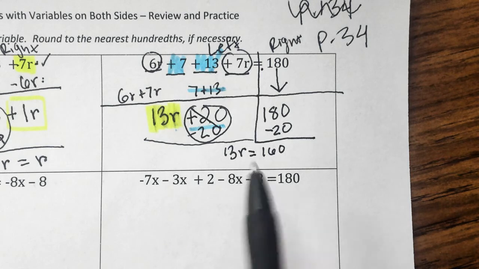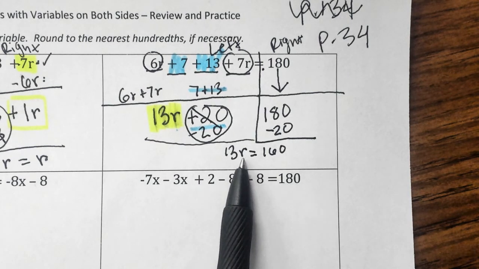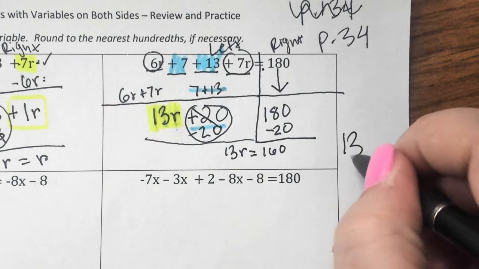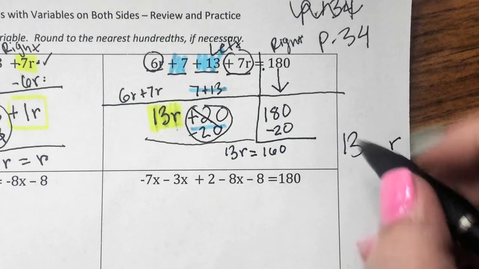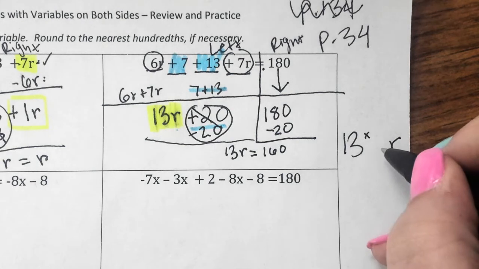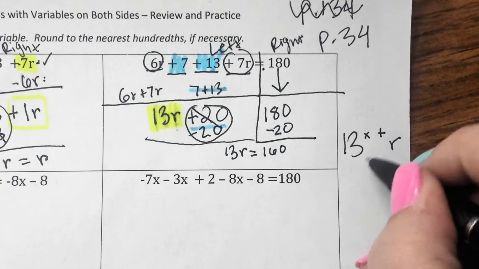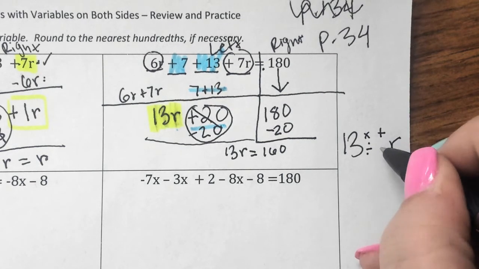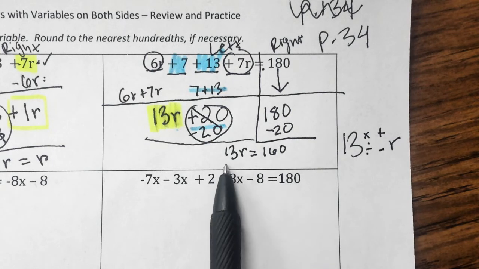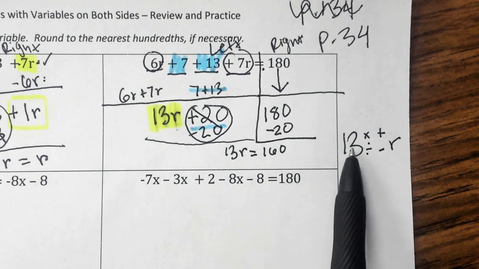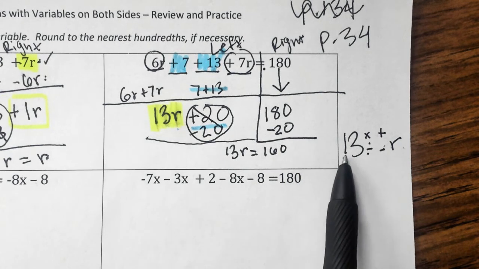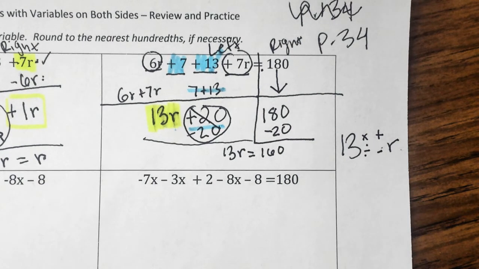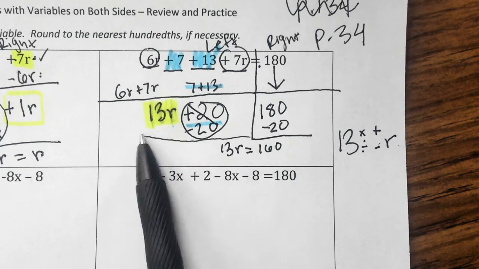Okay. We've got 13 with an R by it. If I were to say that expression out loud, would I say 13 times R, 13 plus R, 13 divided by R, or 13 minus R? What does 13R really tell us? 13 times R. Okay, not just R. We're dealing with 13R, right, Gage?